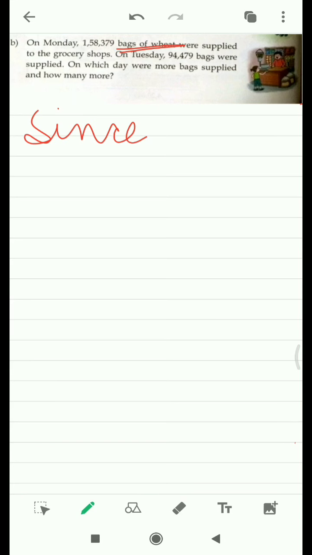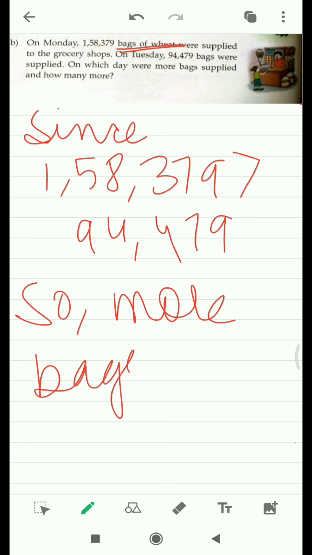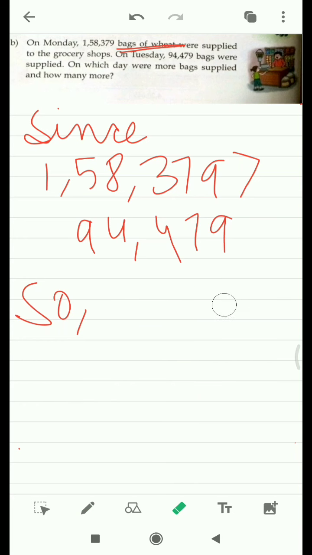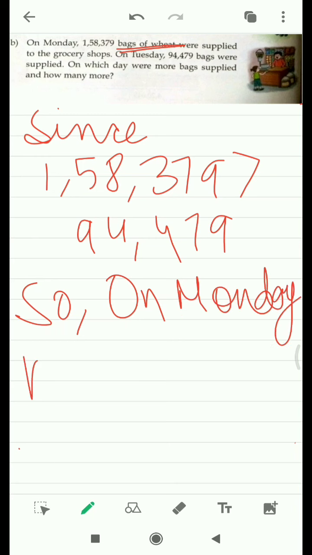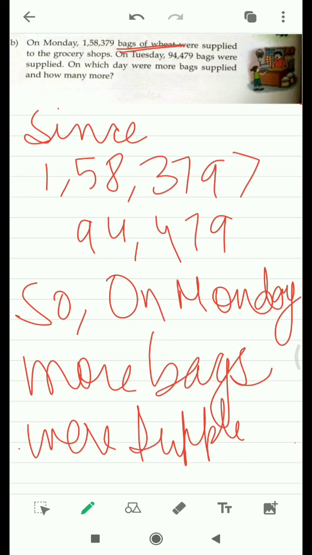Since 1,58,379 is larger than 94,479, more bags were supplied on Monday. Okay, now one part is left.